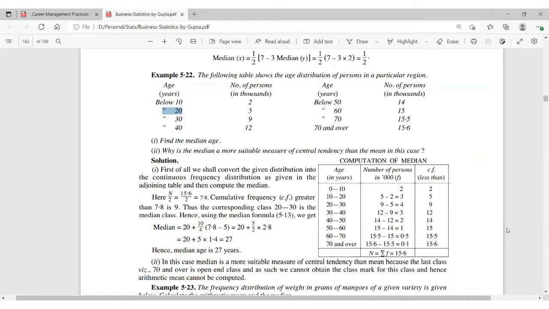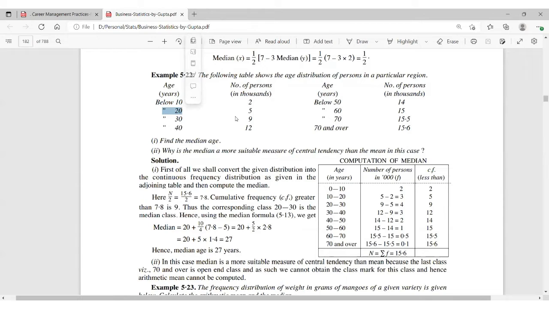Now, see, in this below 10, let me take 0 as the lower limit. 0 to 10, that is 2. Then 10 to 20. This is given below 20, that is 5. But below 10 is given 2.